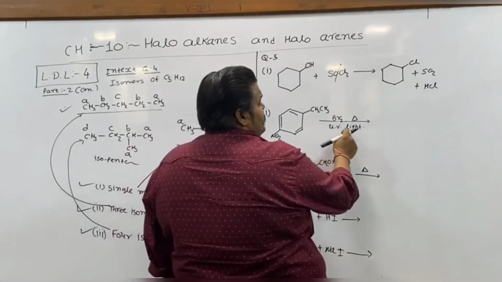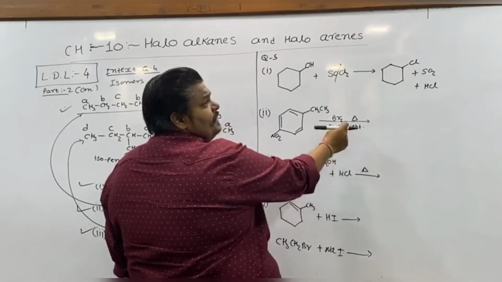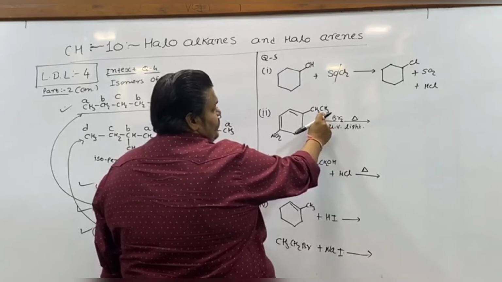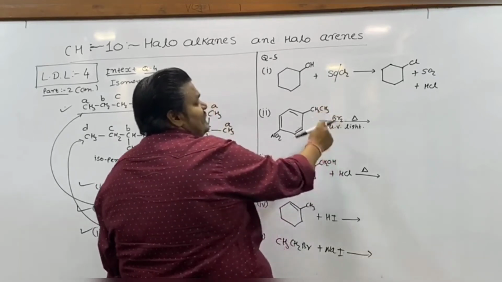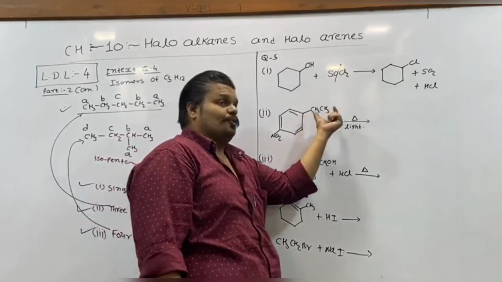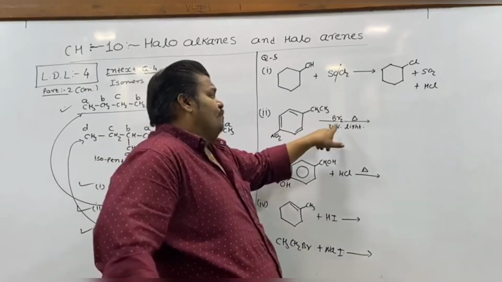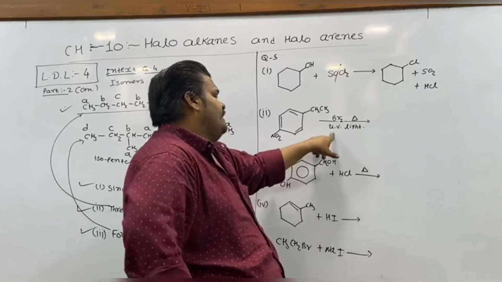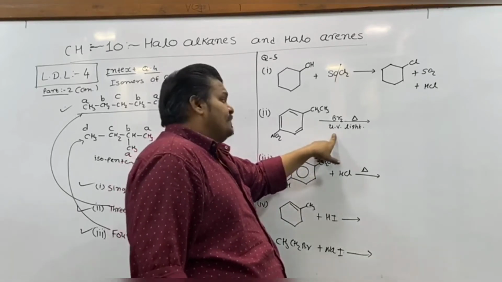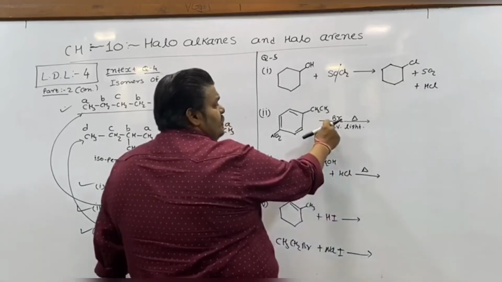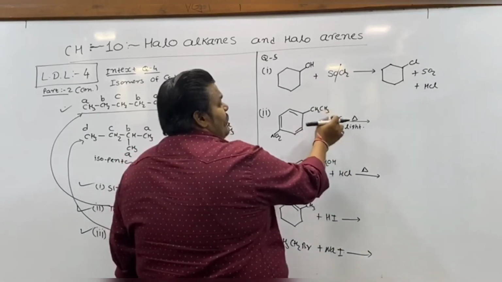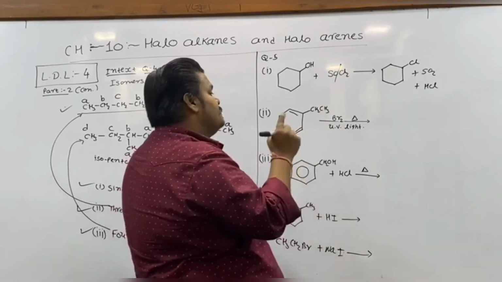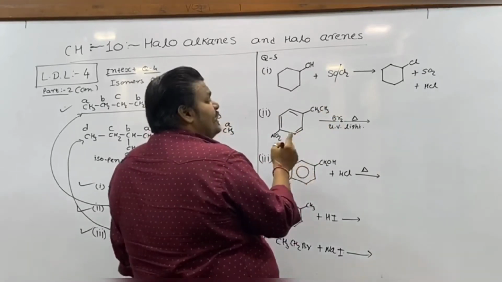Br2, in the presence of ultraviolet radiation. I think there's a printing mistake in our textbook. CH2NH2 they have printed, but instead of NH2 we have a CH3 over here, called an ethyl group. It undergoes bromination in the presence of ultraviolet radiation. When ultraviolet radiation is present, the bromination occurs at the alkyl chain, and that's why one of the hydrogens gets substituted, because it follows a substitution reaction, a free radical mechanism.